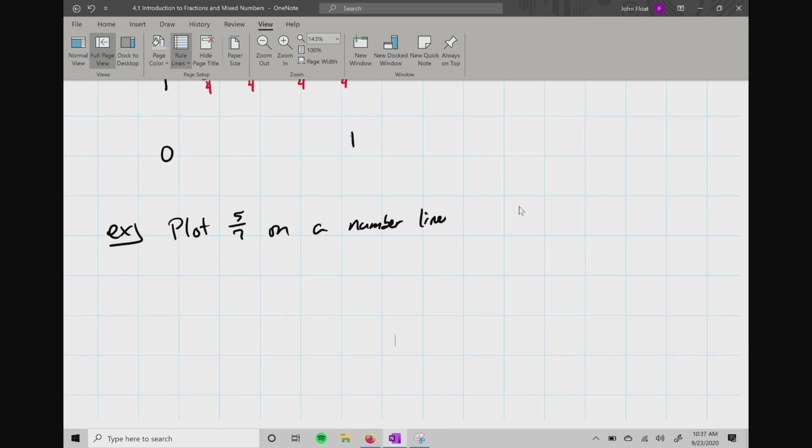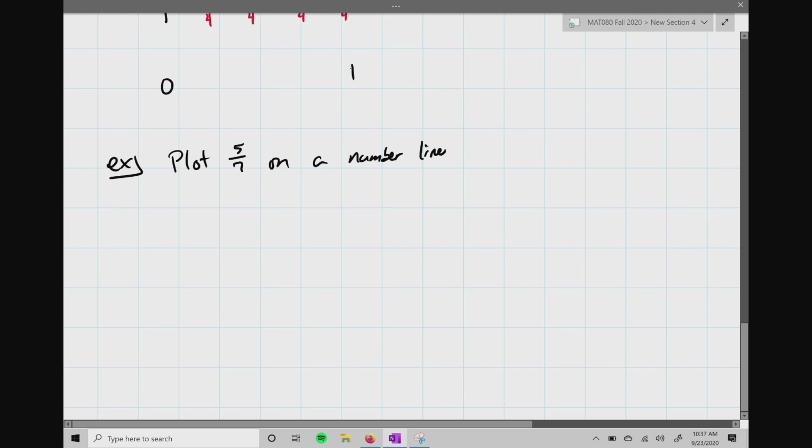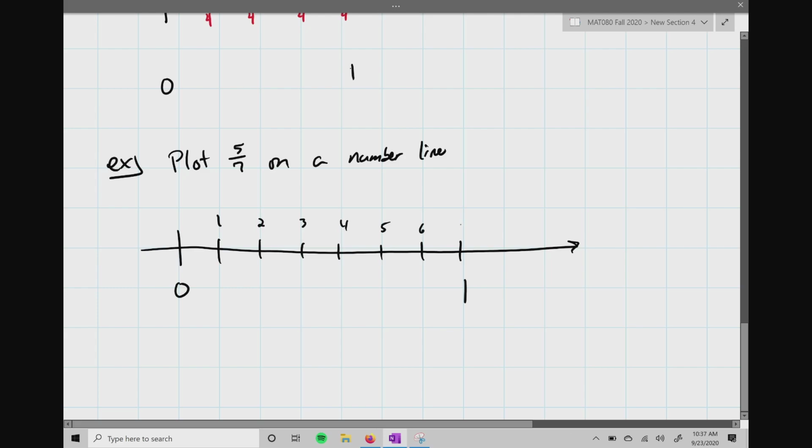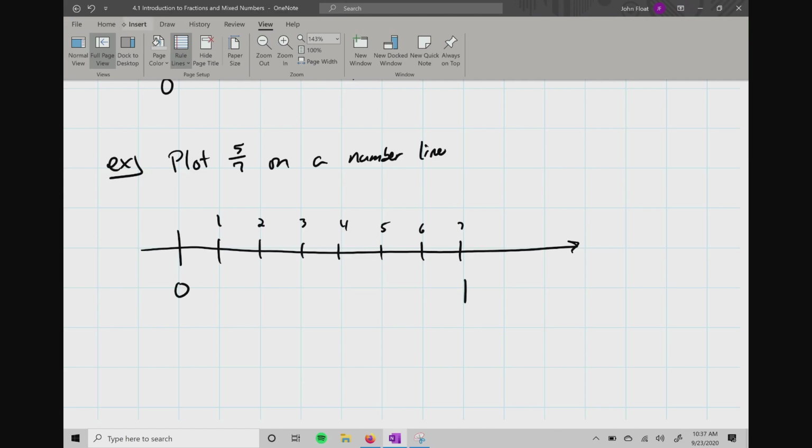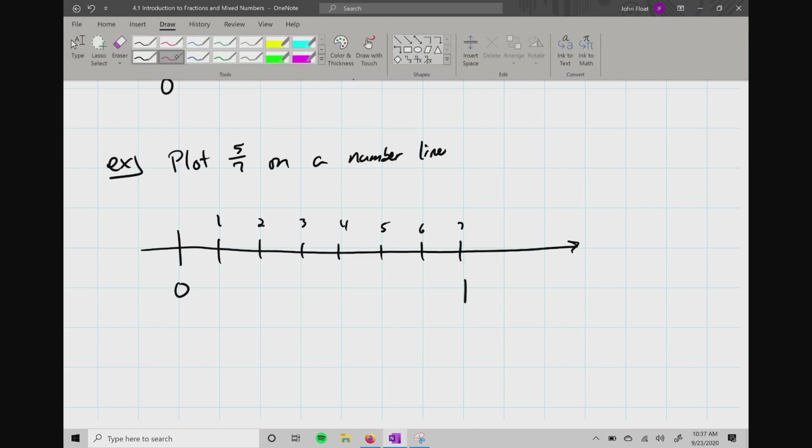There we go. Put some grids on there for me. So here's 0, 1, 2, 3, 4, 5, 6, 7. And like I said, you label them 1, 2, 3, 4, 5, 6, 7. And then in red, I'll put the fractions.